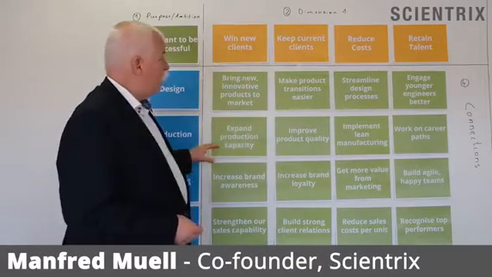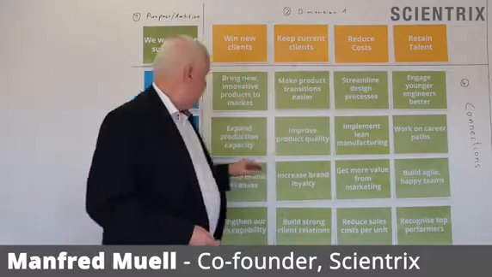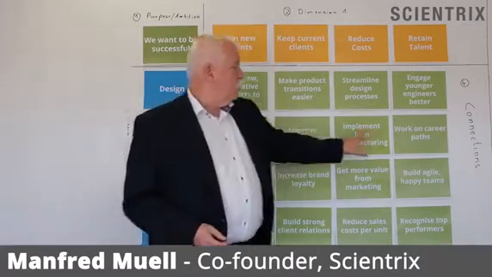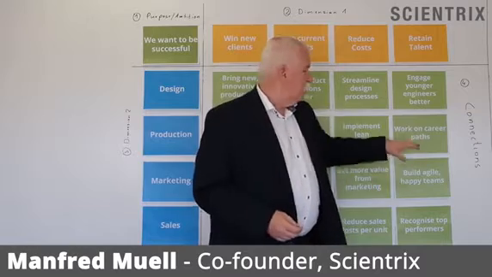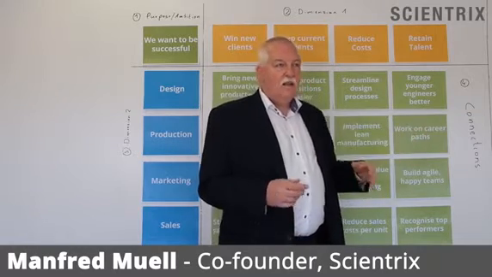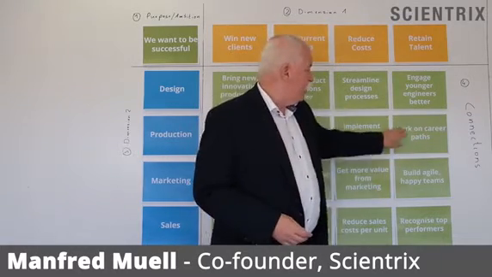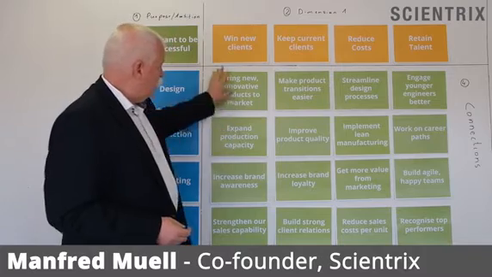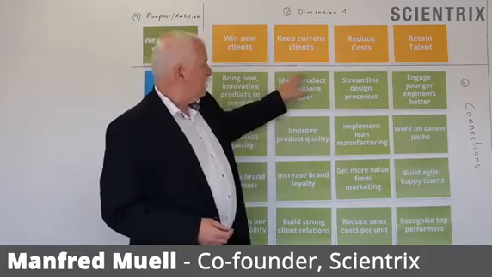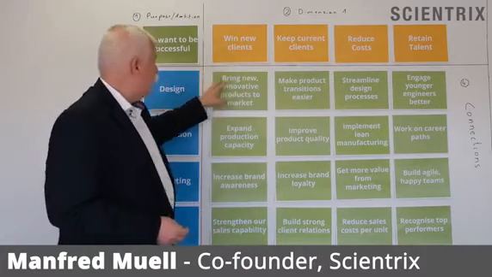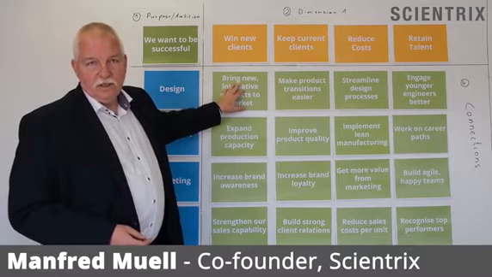And lastly, in order to retain talent, production would need to work on career paths for the most talented workers so that they have a motivation to stay with the company and continue to contribute to the success of this company. So basically what we do is we can define the contributions of each area to each of those objectives.